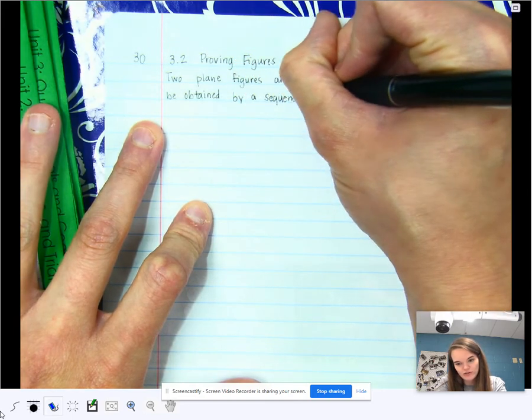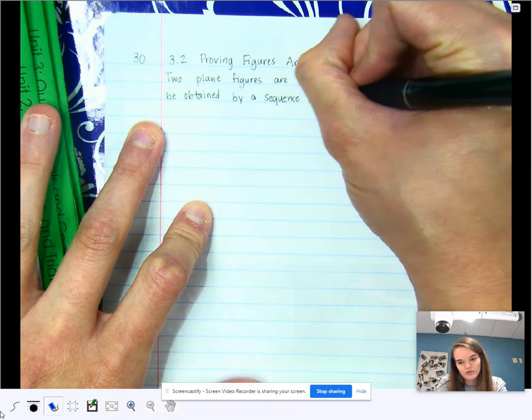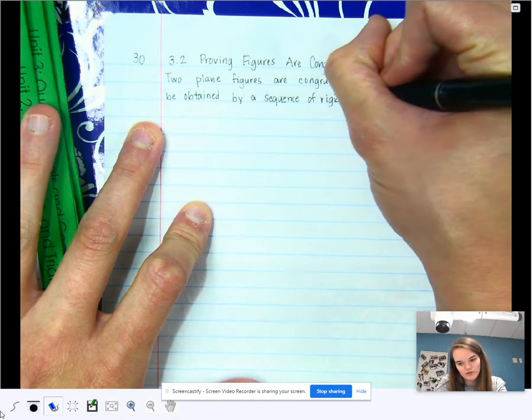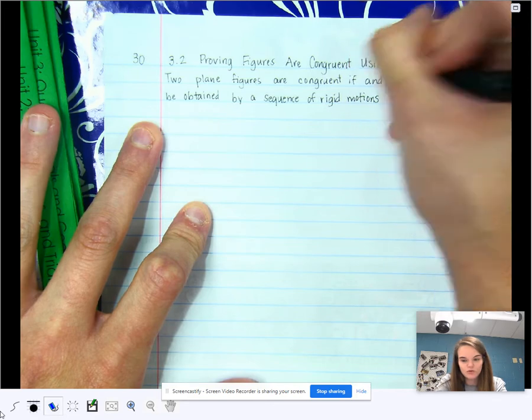We just talked about sequences of transformations, but now we're talking specifically about sequences of rigid motions.